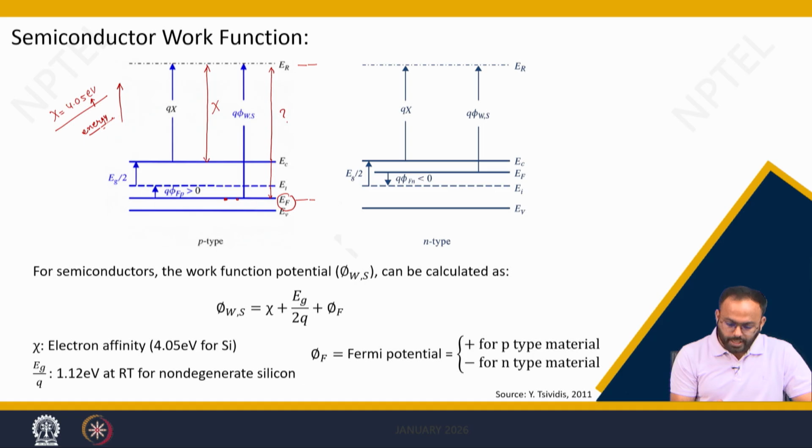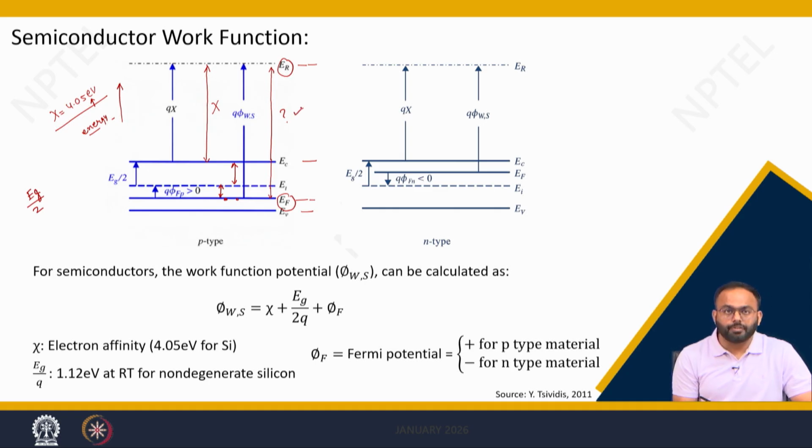The other part, to calculate the complete height between ER and EF, is this much. We know it is half of EC minus EV, which is half of the band gap, Eg by 2. And this height is the additional height we need to add to calculate the total work function of a semiconductor.